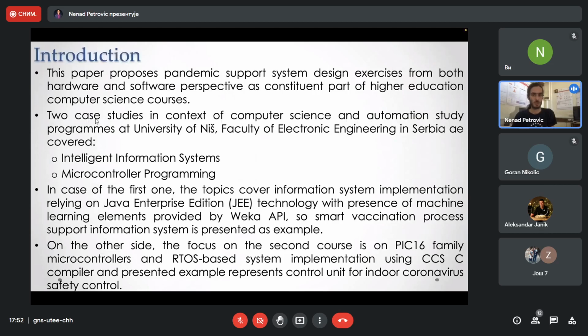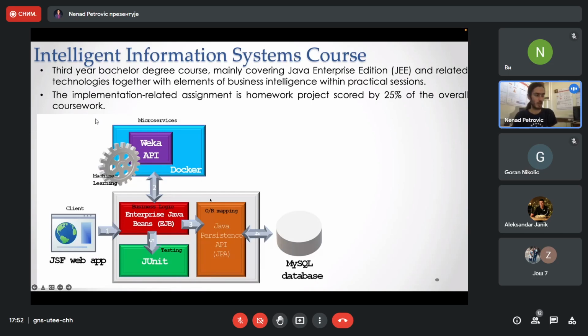When it comes to the Intelligent Information Systems course, we have this set of technologies covered. First, the students have to develop a database schema for a MySQL database, which will be mapped to Java objects, making use of object-to-relational mapping in Hibernate.